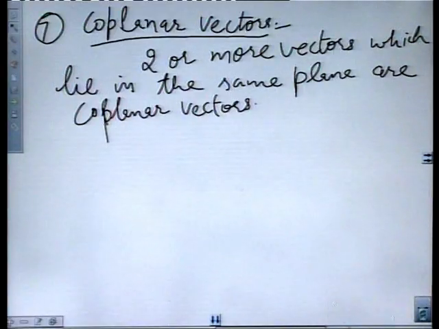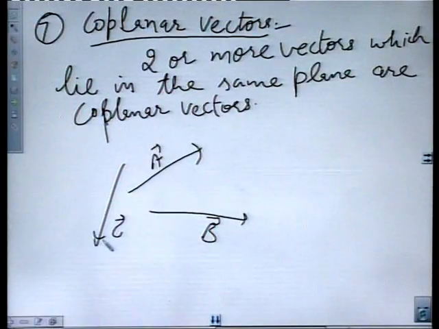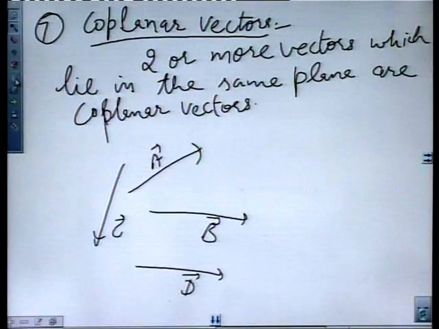This is the plane of the blackboard. If some vectors are lying in this plane, this is A vector, B vector, C vector, D vector, all these vectors lie along the same plane of the blackboard, so these are known as coplanar vectors.